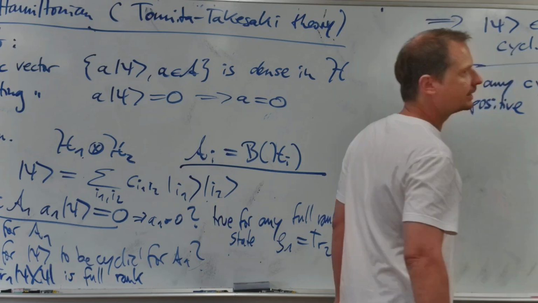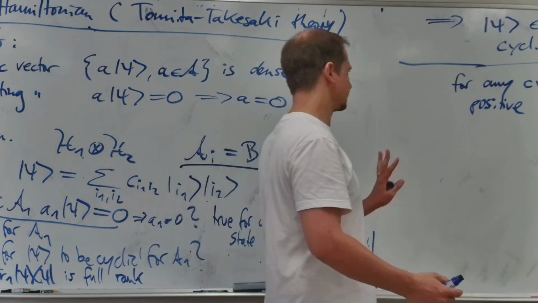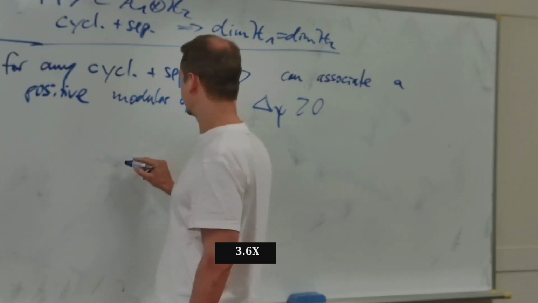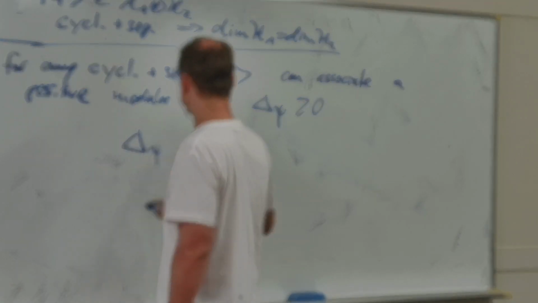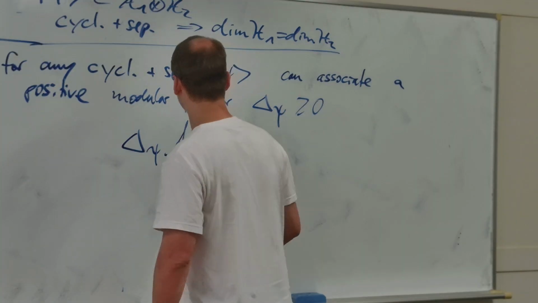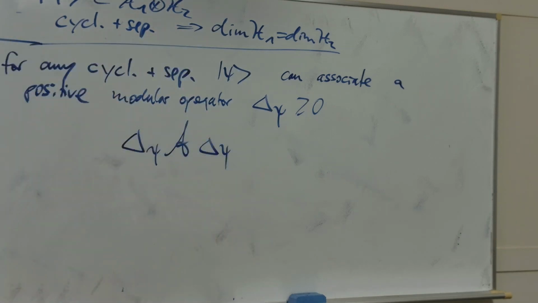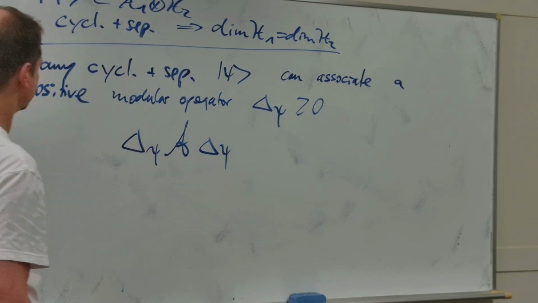And okay, in view of time, I'm not going to go more into the details of this definition, but the important thing is that you can use it to define a Hamiltonian or modular flow on the algebra.